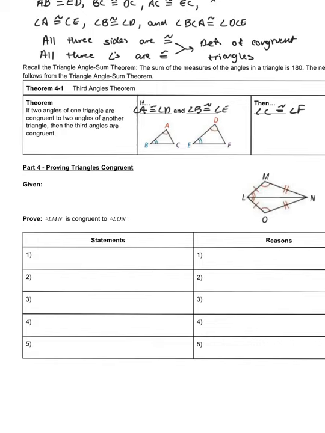So look at part 4. It asks us, prove that these triangles are congruent. So we need to look at what's given. Okay, so what's given is line segment LM is congruent to LO, and angle M is congruent to angle O. Line MN is congruent to ON, and angle MLN is congruent to angle OLN.